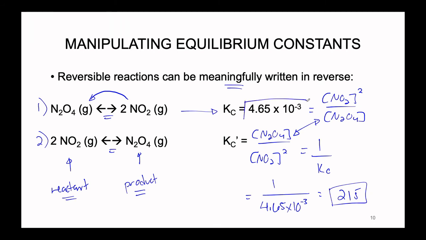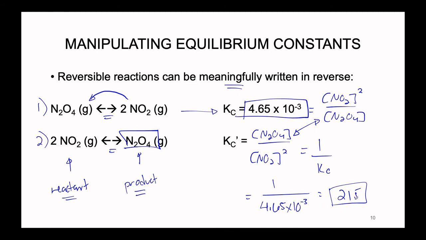Now, regardless of whether this reaction is written in the forwards direction or the reverse direction, the two values we have here tell us a little bit of information about the reaction. In the first situation, the reaction as it's written has a smaller equilibrium constant than if it's written in the other direction. What this is telling us is that in the second situation, the concentration of our product is greater than the concentration of our reactant.